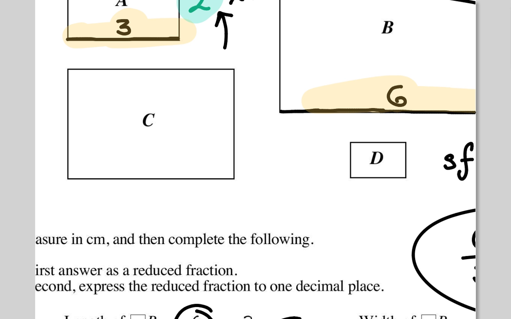Okay, let's say that C is 8 and D is 2. Let's say that this length is 6 and this length is question mark. Please, now, go ahead and find that question mark.